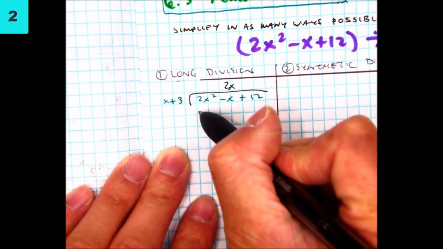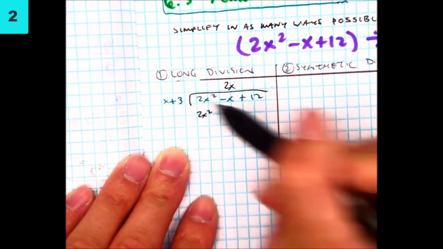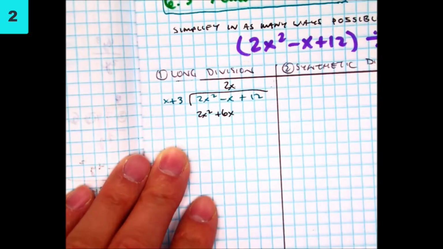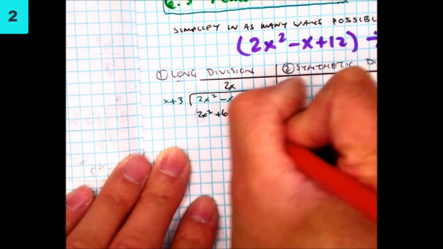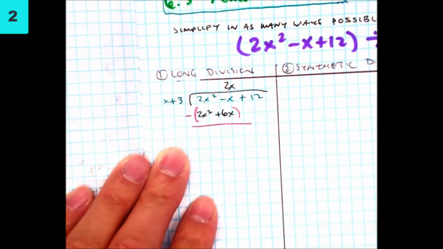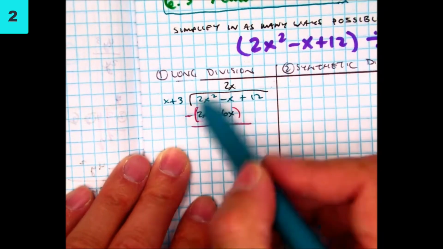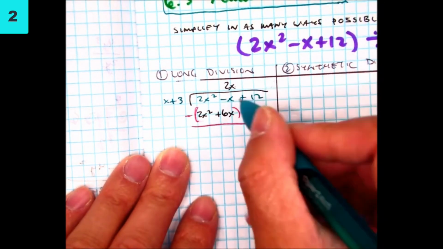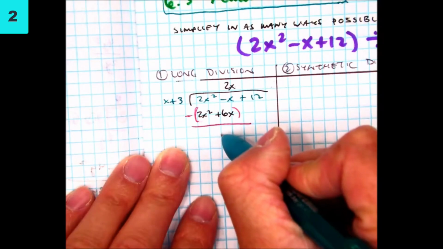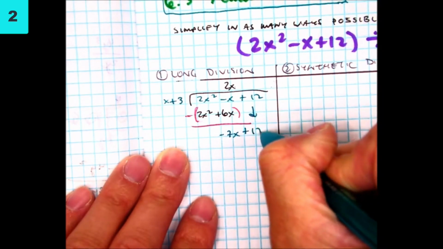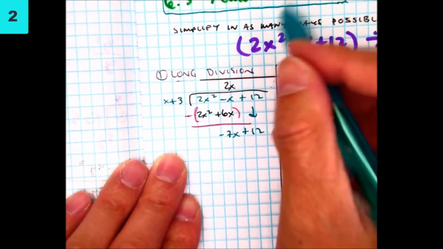Multiply. Subtract. 2 minus 2 is 0. Negative 1 minus 6, how much? Bring down the 12. x goes into negative 7x.